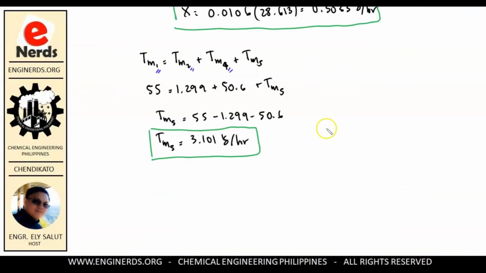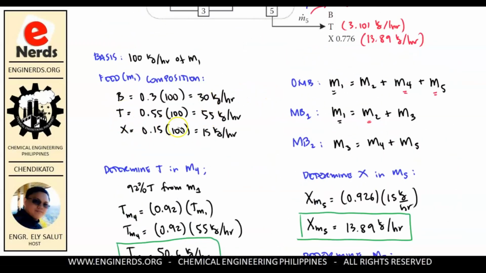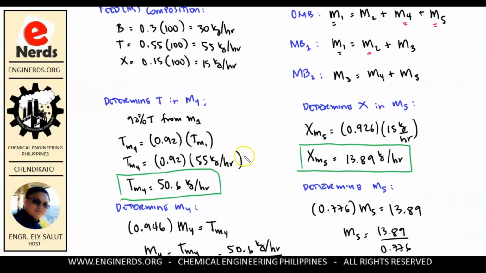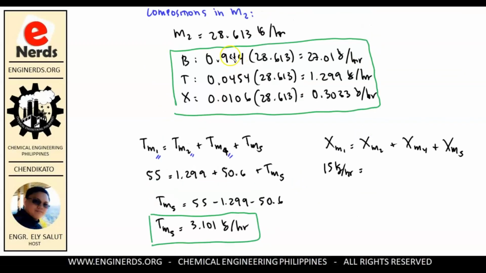We know that silane in M1 is equal to silane in M2 plus silane in M4 plus silane in M5. So, our silane in M1, it's here. It is equal to 15 kilogram per hour. So, we have 15 kilogram per hour is equal to our X in M2.